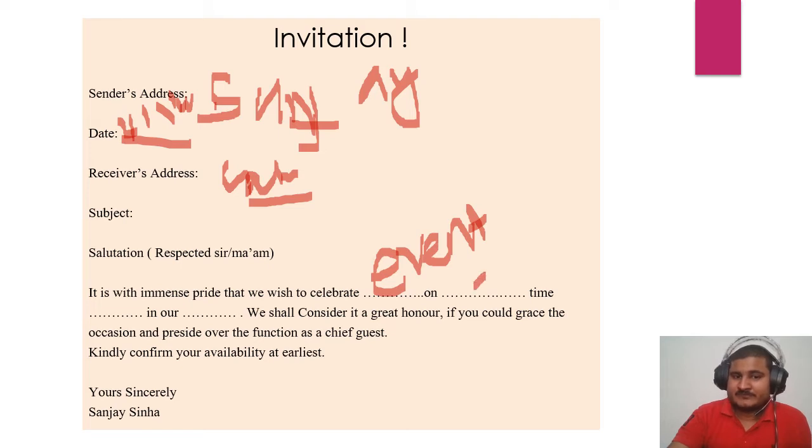Suppose you are planning to celebrate on 25th December, so you write here 25th December. Then the time you have to write. Then where you are going to celebrate this event, you have to write here. You can write on my premises, or you can write anywhere else. So here you have to write the name of the place.